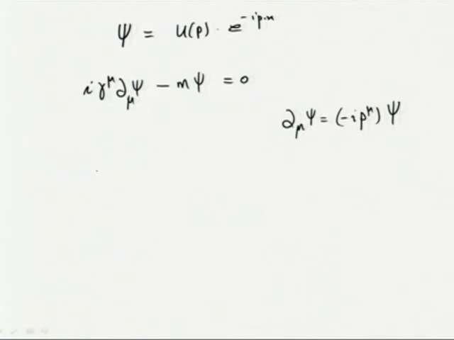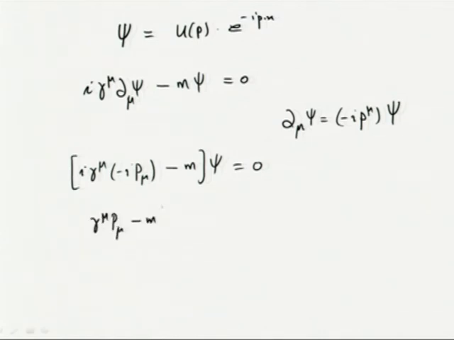So, that will give you I gamma mu minus I p mu minus m psi equal to 0, or I can write this as gamma mu p mu minus m psi equal to 0.